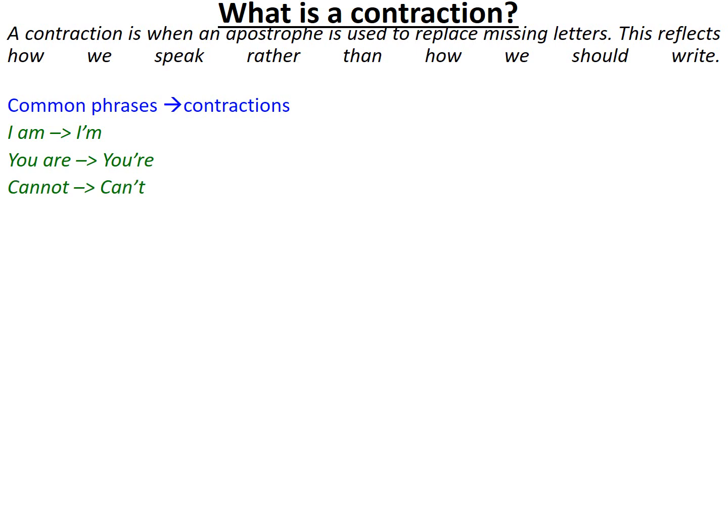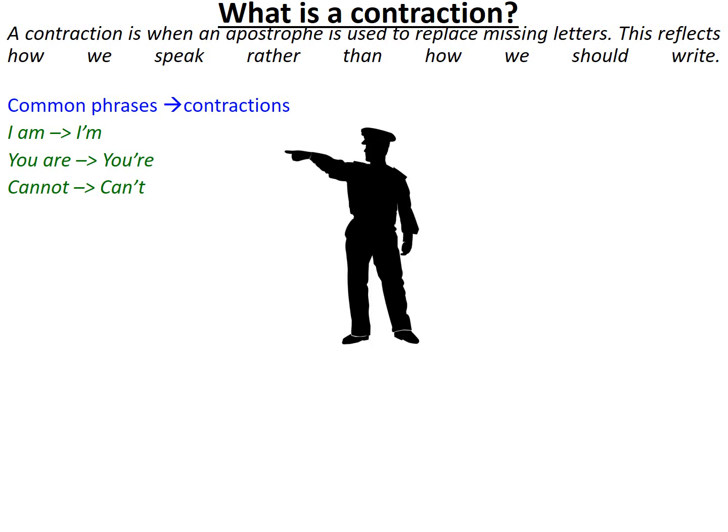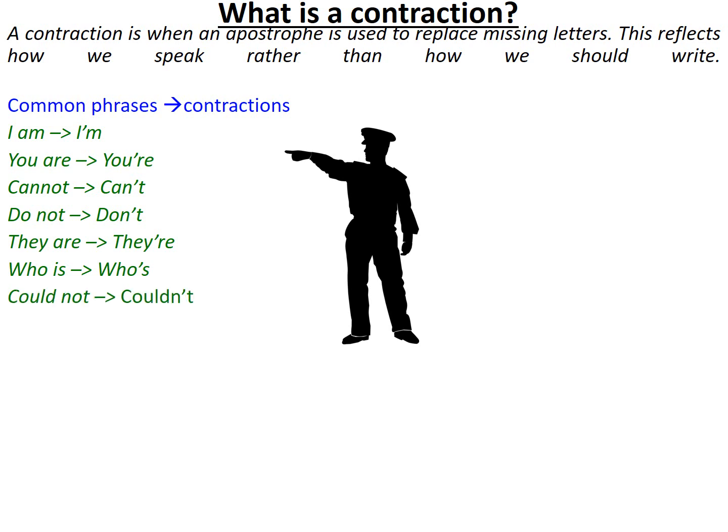Cannot becomes can't, and as you can see in each of these cases, letters are being removed where the apostrophe is placed. Do not becomes don't. They are becomes they're. Who is becomes who's. Could not becomes couldn't. Does not becomes doesn't. Should have becomes should've.